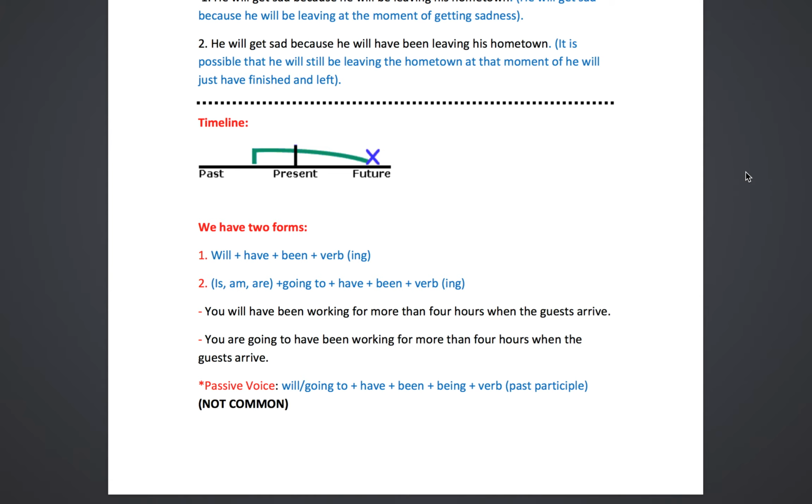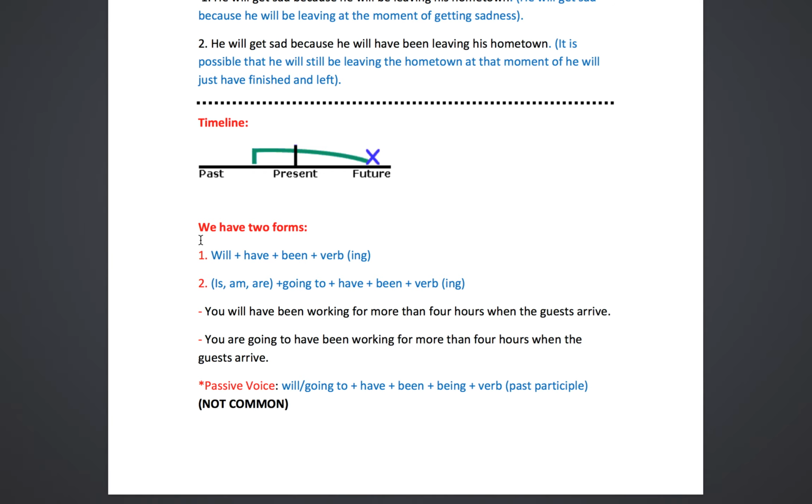The second one, you are going to have been working for more than 4 hours when the guests arrive. Here it's a little bit longer, but this is the second usage of the second form. We also have the passive voice, which is not our lesson, but I would like to show it to you. You can say will or going to plus have plus been being plus verb past participle, which shows the passive voice, which is not common actually.